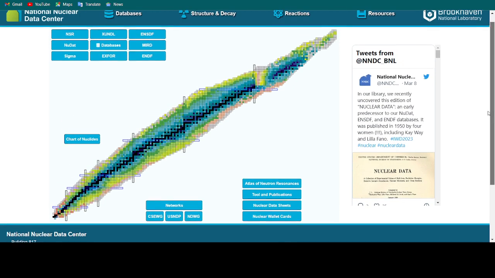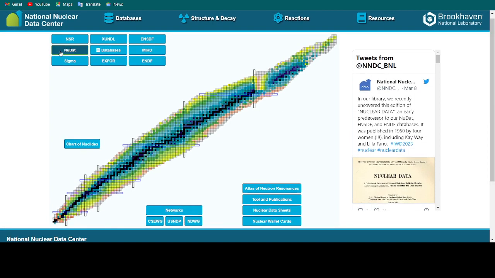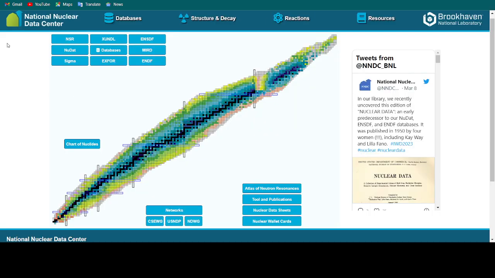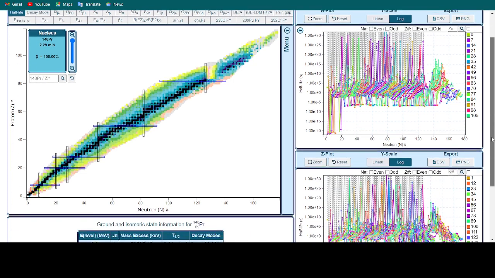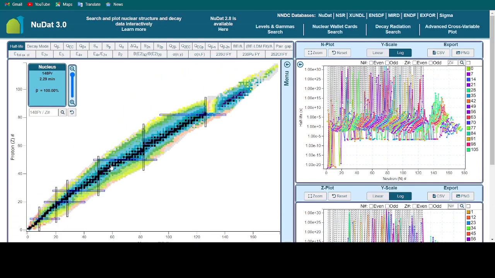So if you now go to this page, then go to NuDat, that is showing over here, NSR, NuDat, Sigma. Then if you go to NuDat, you will get a page like this. Now here you can see this is an interactive website, and you can click on any nucleus; here it is showing 76Ge.